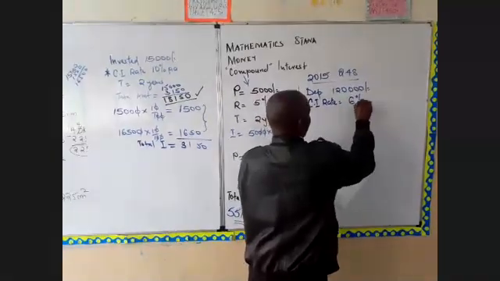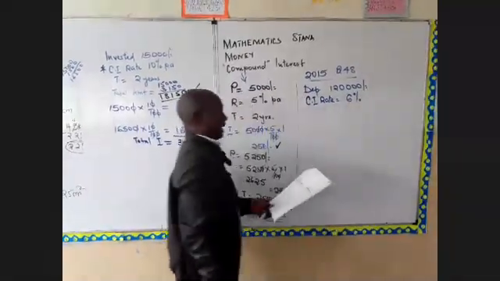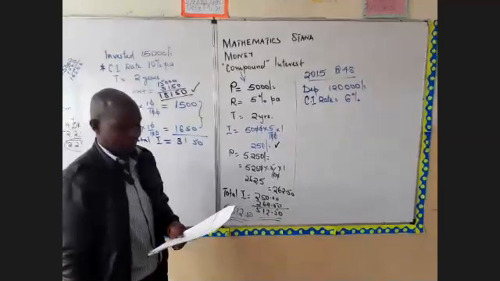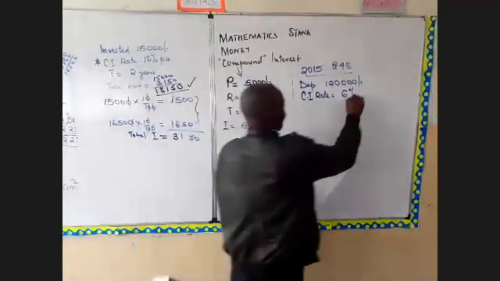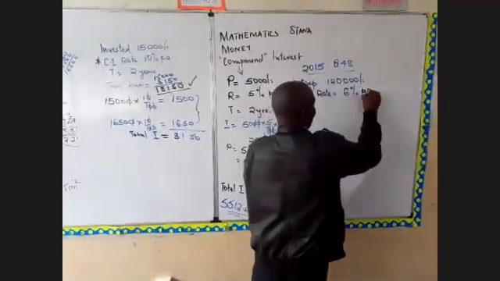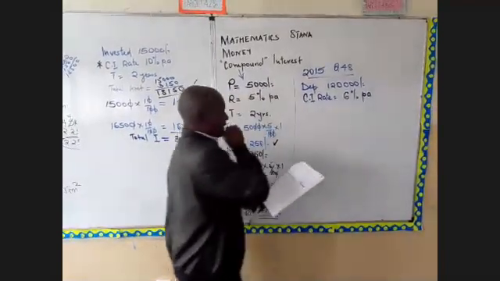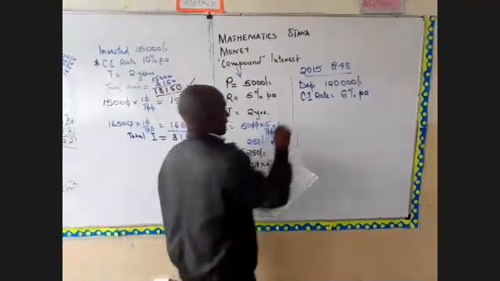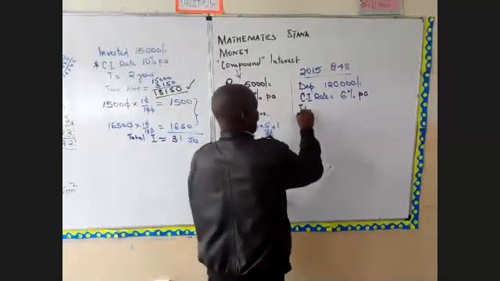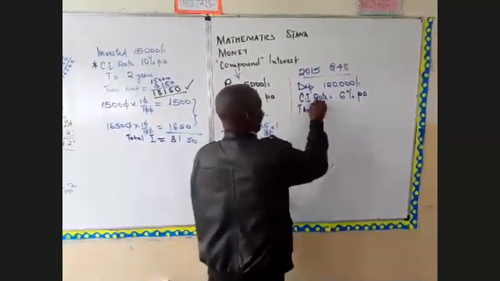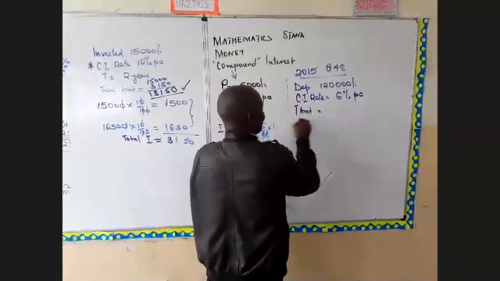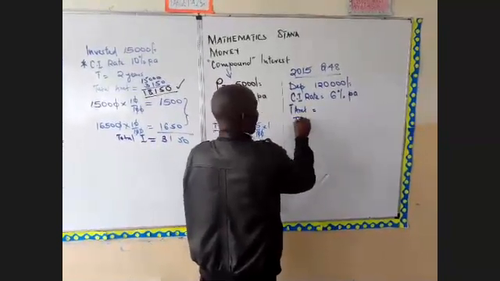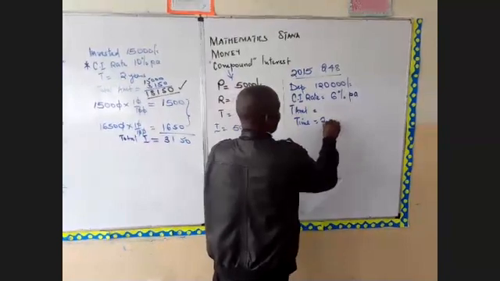For every 100 shillings you pay 6. 6% per annum. Yes, be very careful with that. Per annum or per year. And then, what was the amount in the bank after? They want again the total amount in the bank after a time of 2 years.